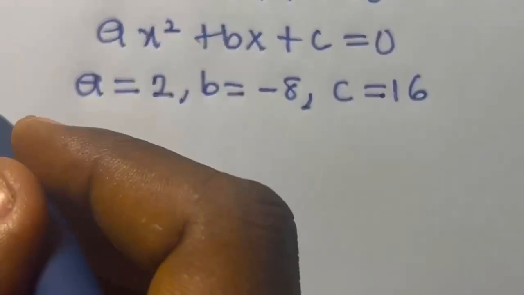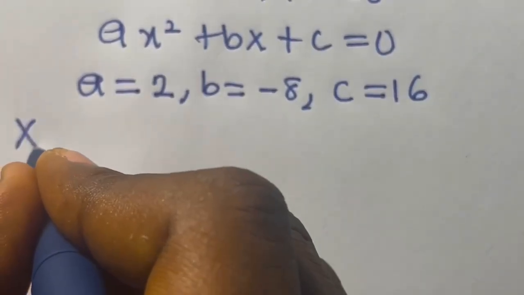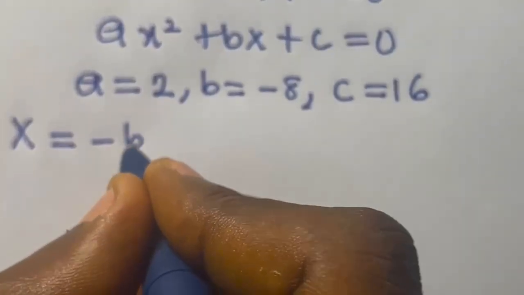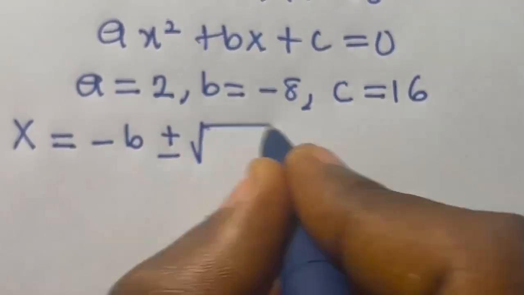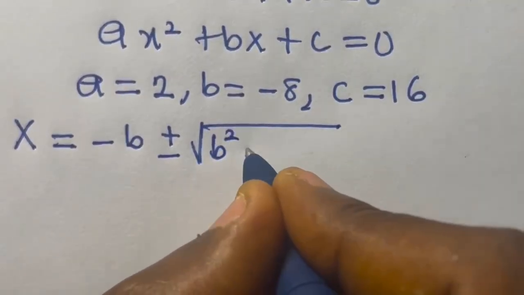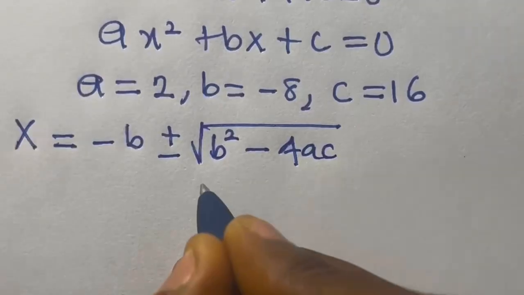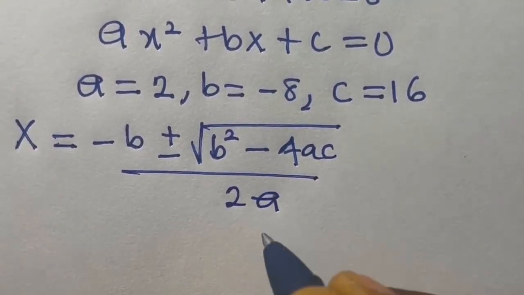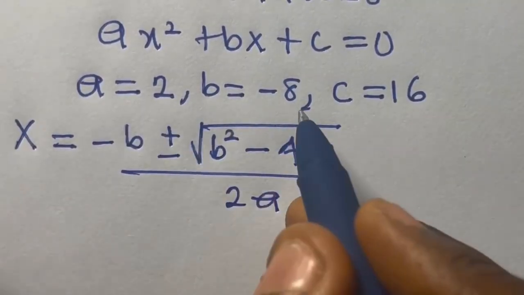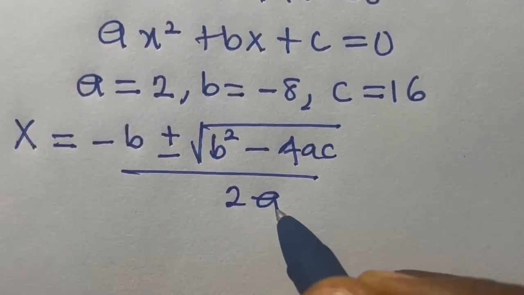From the quadratic formula, we have x equals minus b plus or minus the square root of b squared minus 4ac, divided by 2a. We are going to substitute these values into this formula.